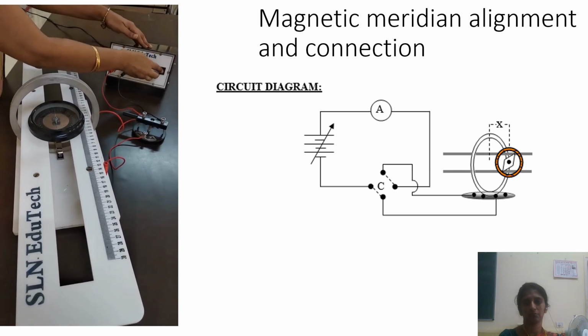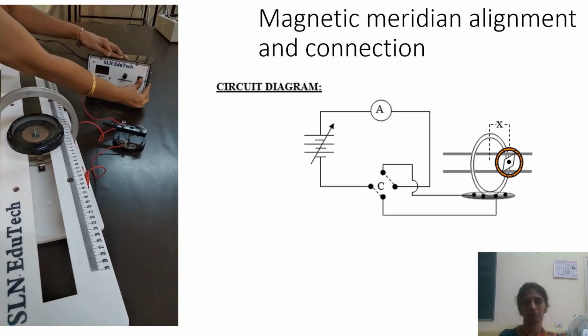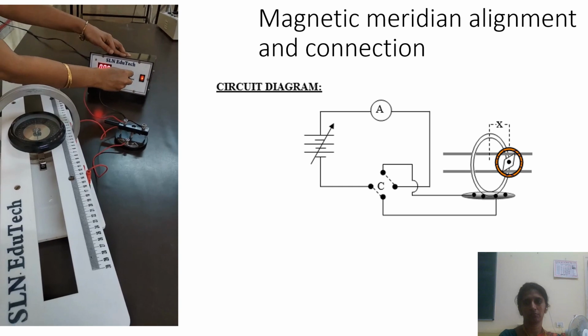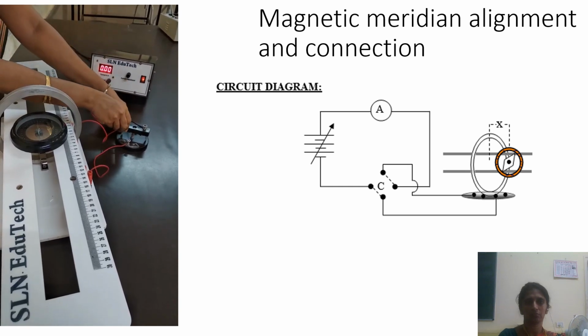Now switch this on and keep the current at 0.5.